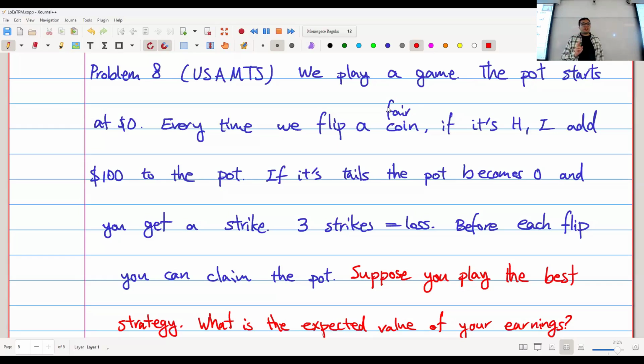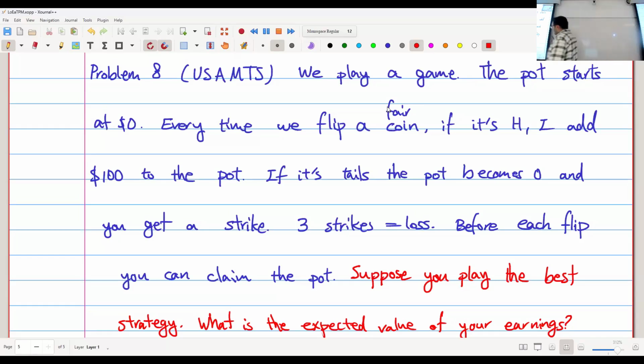If you have 2 strikes, it's very risky to flip the coin because you might get 3 strikes and you will win nothing, right? When would you be willing to take that risk? You would be willing to take that risk only if what you have in the pot is less than the expected value of what you will have in the pot after you take the risk, right? So you have to somehow define these expected values.